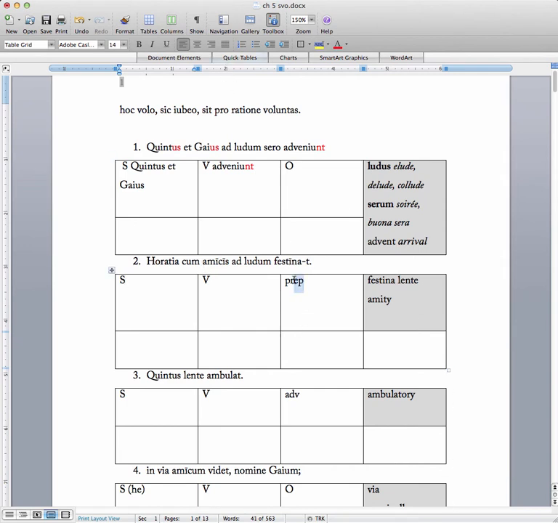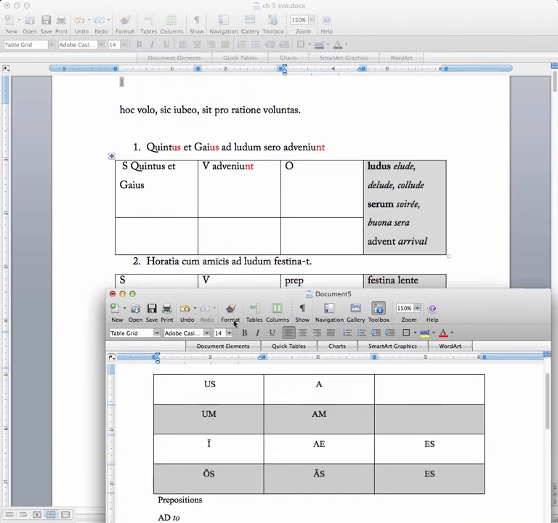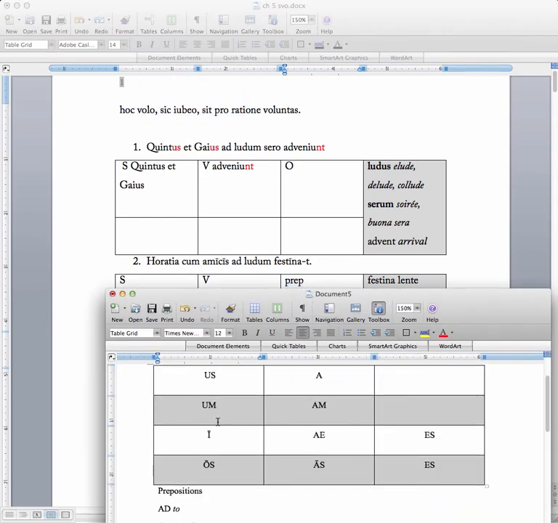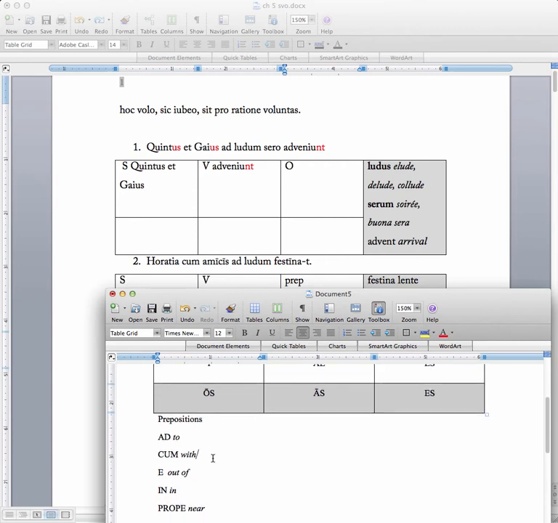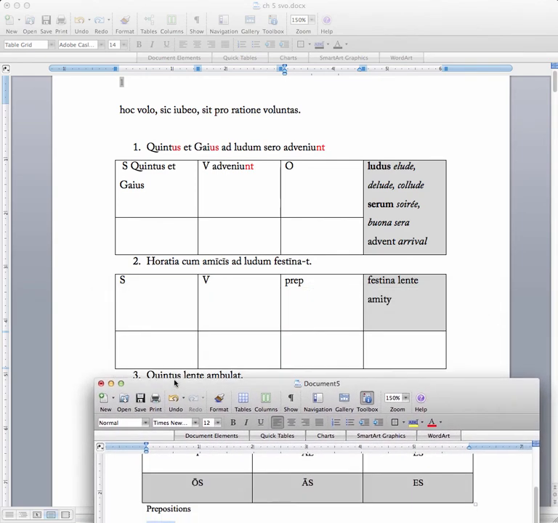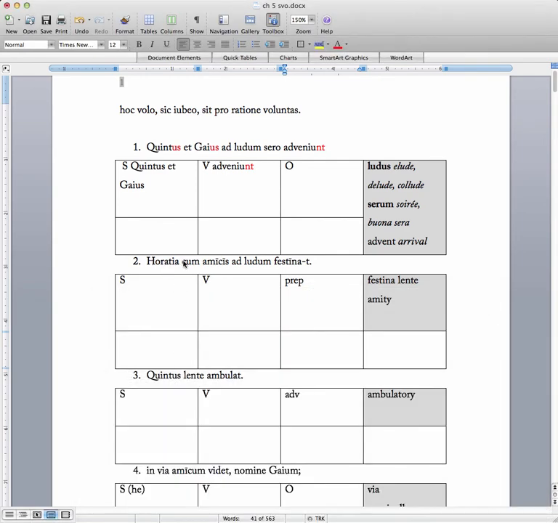I identify here that what goes after the verb should be a preposition. And they've also given you a list of the prepositions in this lesson. Cum, meaning with, is one of them. Ad is also one. So these two phrases are prepositional phrases.